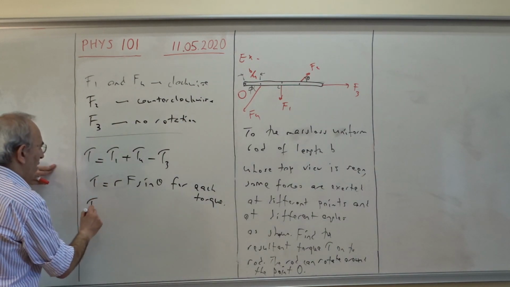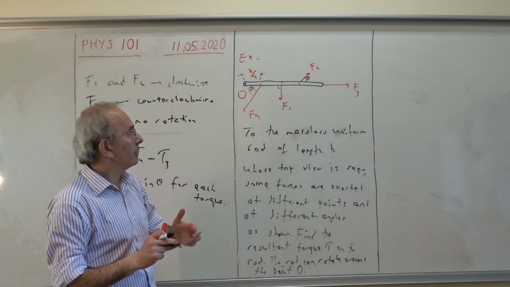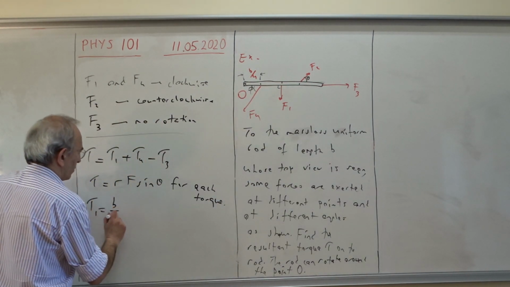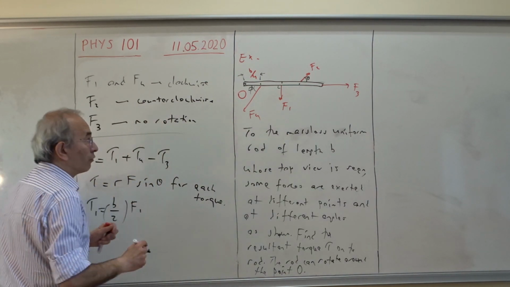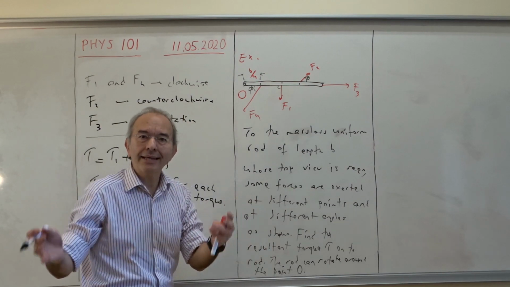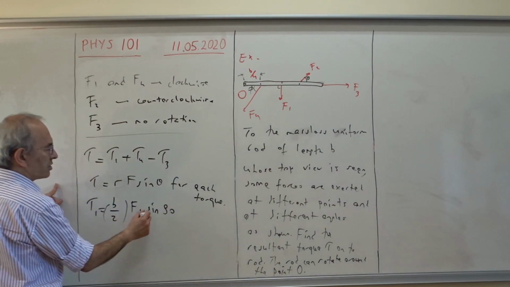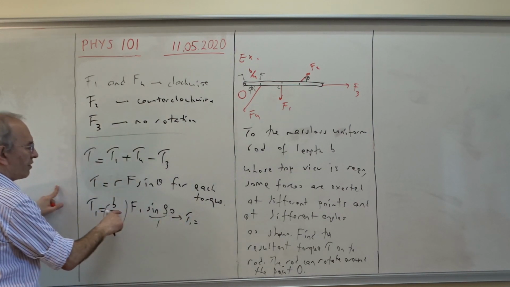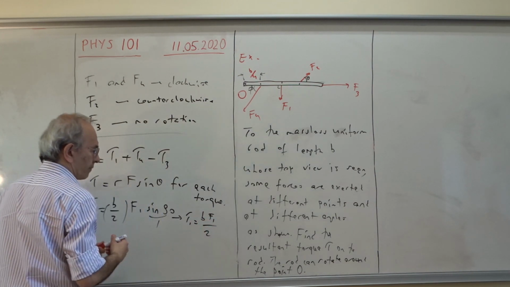So tau 1: the distance for F1 is half of the rod, b over 2. What is the force? F1. What is the angle? They are at right angle, sine 90, which is just 1, so tau 1 is simply b F1 over 2.